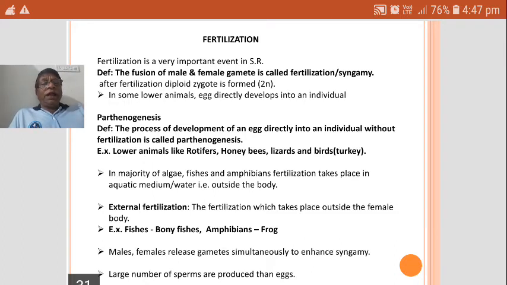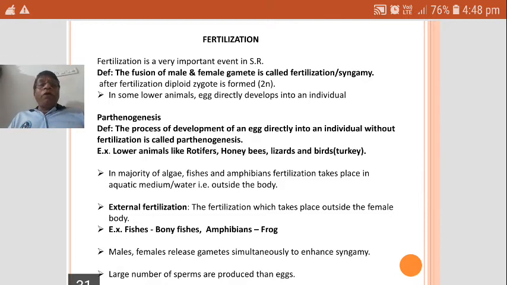Now, fertilization. This is also very important for 1, 2 or 3 marks. Okay. Fertilization is a very important event in sexual reproduction.